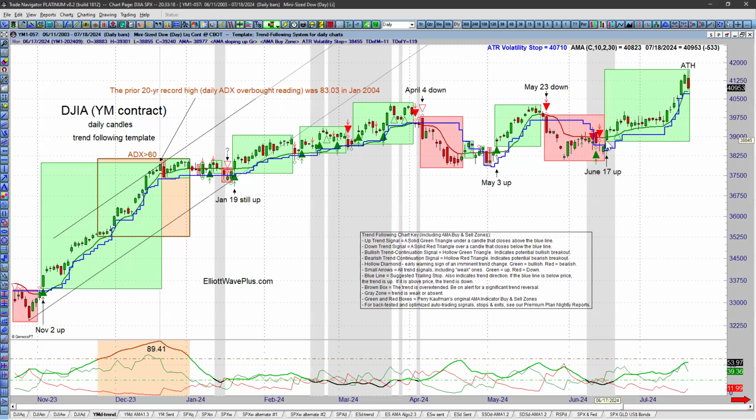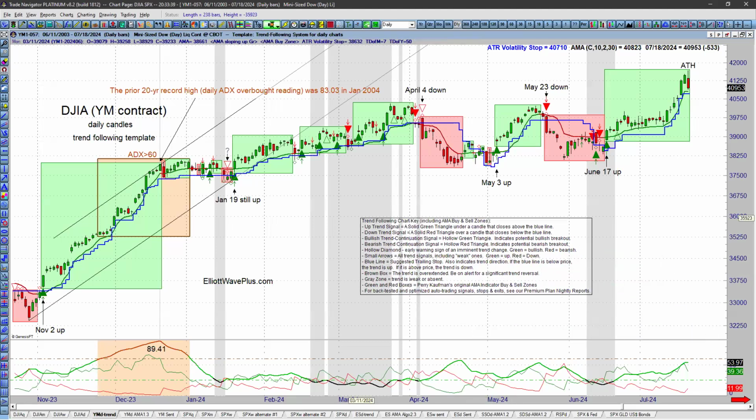The reason I can tell is price is still contained in one of these green buy zone boxes. When a pink zone box starts to form, then you're in a sell zone. It's actually a deceptively simple chart, but some people have found it easier to understand and easier to trade directly off of these daily trend charts.